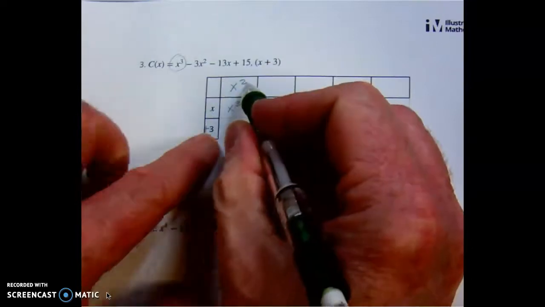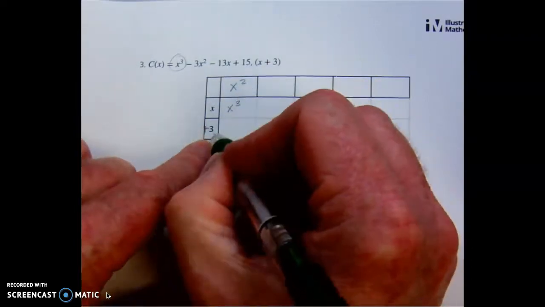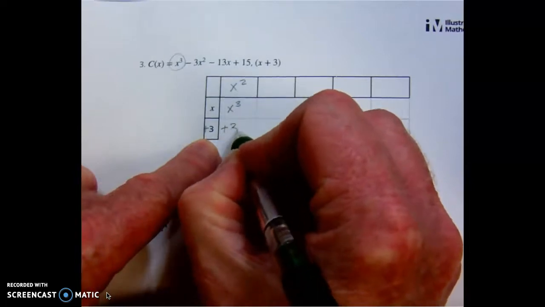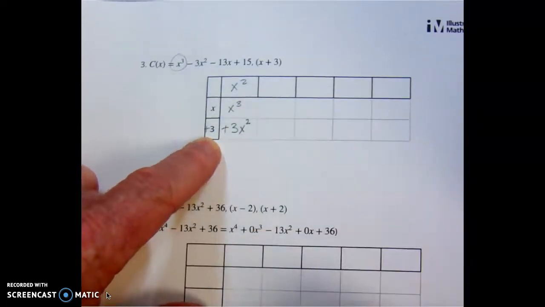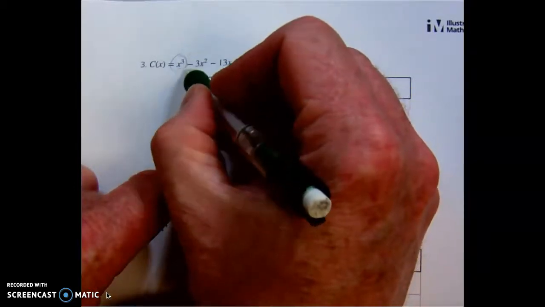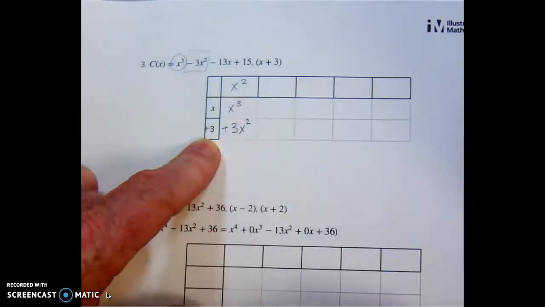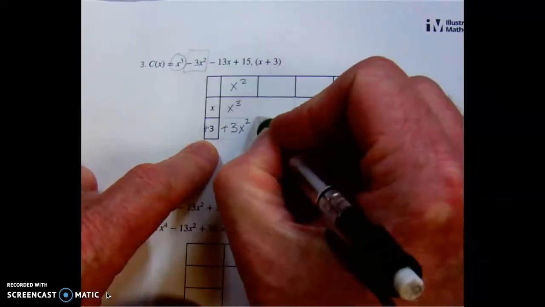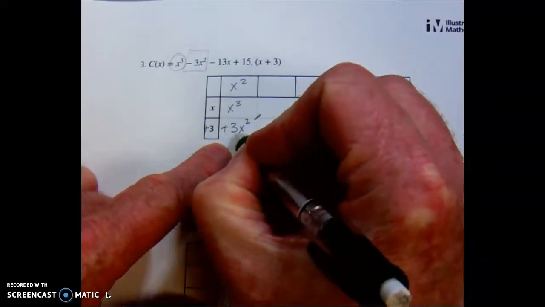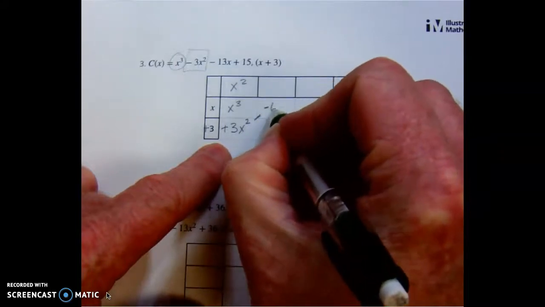Now I'm set up to multiply, so x squared times a positive 3 is plus 3x squared. So I'm going to look at my x squared term here. I need negative 3x squared. So if I've got a positive 3x squared, that means I have to subtract 6 of them to get negative 3.